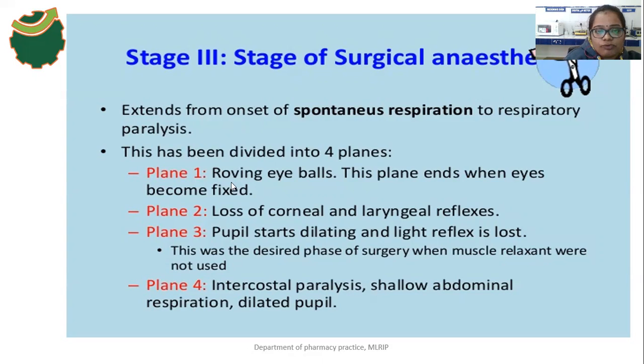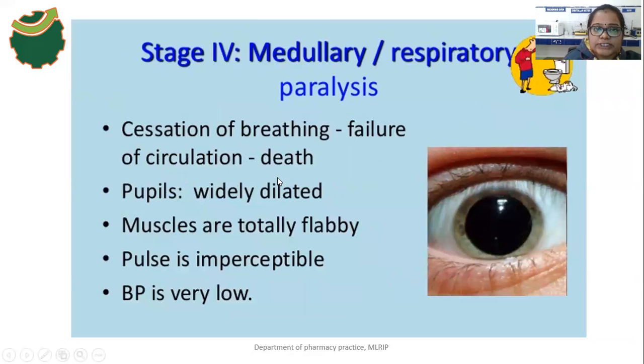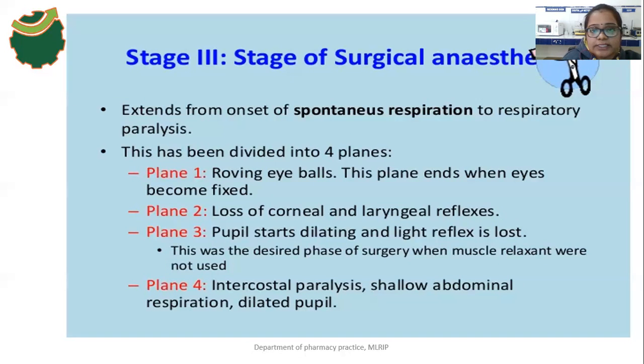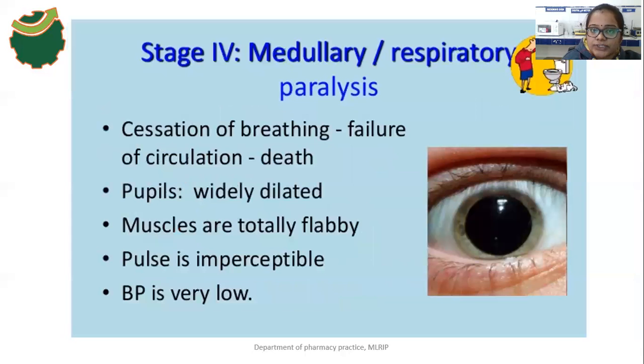Okay, this one was stage 3, the stage of surgical anesthesia. Next is stage 4, that is medullary or respiratory paralysis. During this stage, it starts from cessation of breathing, which means there is a stoppage of breathing.